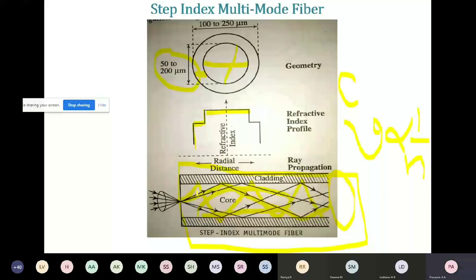So the light ray that is traveling a longer distance reaches the receiving end later, and the one that is undergoing fewer reflections reaches the receiving end earlier. Take a simple example. If we have to go to a place like Bangalore from Hassan, there are various routes.